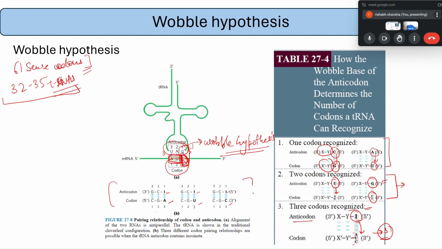Okay, so this leads to the wobble hypothesis, which states that a tRNA with a particular anticodon can recognize more than one codon, such that the third base is given some liberty to have minimum complementarity. For the first two, the normal Watson-Crick base pairing must be followed. So this is the case with the wobble hypothesis.